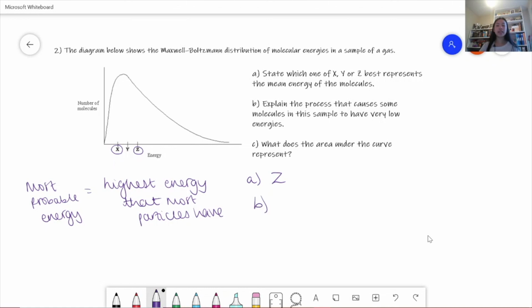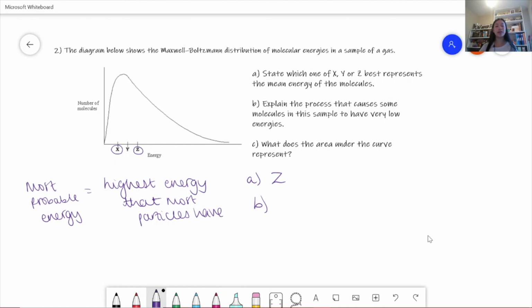And then for B, explain the process that causes some molecules in a sample to have very low energies. So what happens for this Maxwell-Boltzmann distribution to be formed is that loads of molecules are, say, in a box as a sample. They all collide with each other, and some of them gain more energy from collisions, but some of them slow down because of collisions.